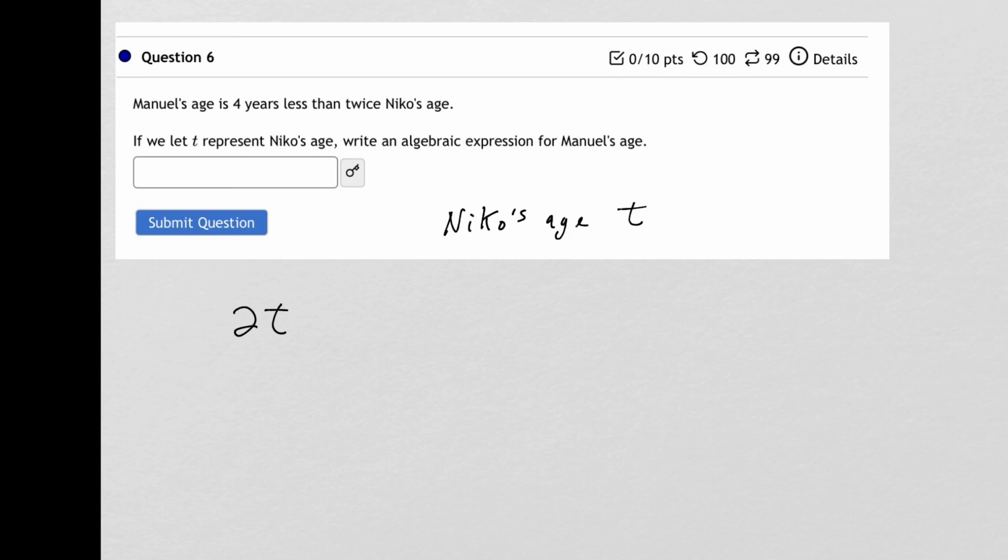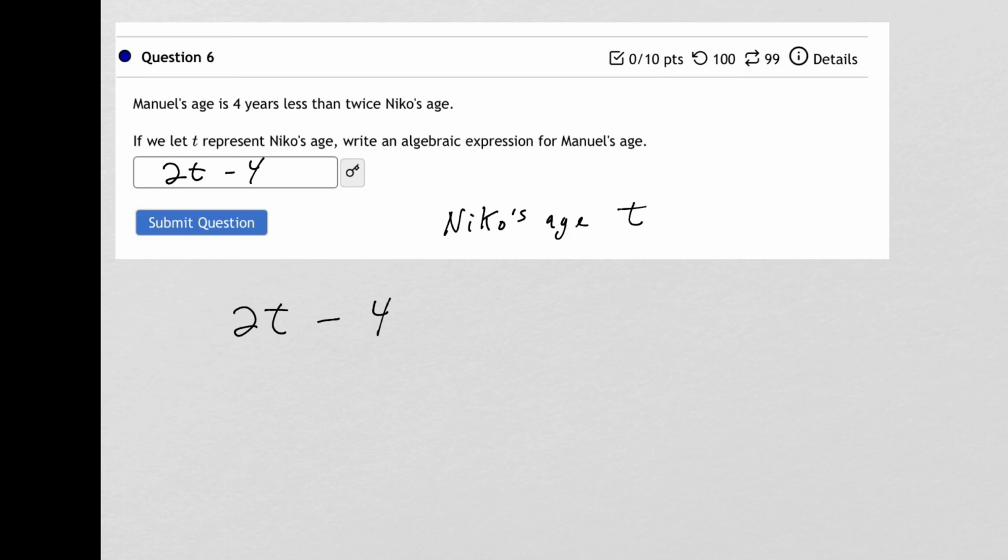If Nico's age is 8, 2 times 8 would be 16, right? That would be twice it. So it's 2T. And Manuel's age is 4 years less than twice Nico's age. So what do I need to do? I need to subtract a 4 here. Okay, so the expression should be 2T minus 4.